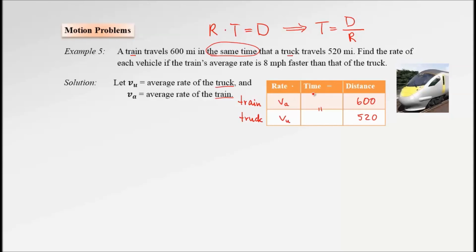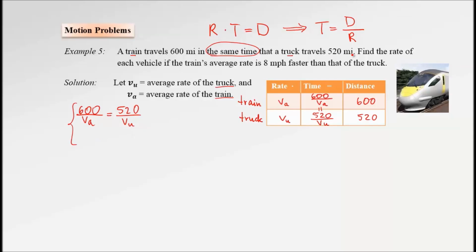Therefore, in this box, I'm supposed to write 600 over VA, and in that box, 520 over VU. So one equation we already see here. It comes from comparison of times. Well, let's write it down. 600 over VA is the same as 520 over VU. But we have two variables, so we need another equation.